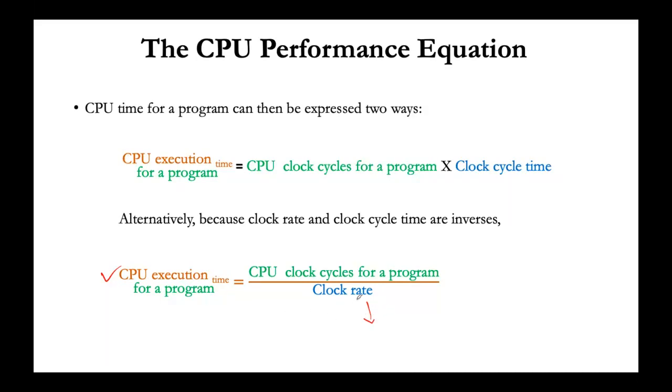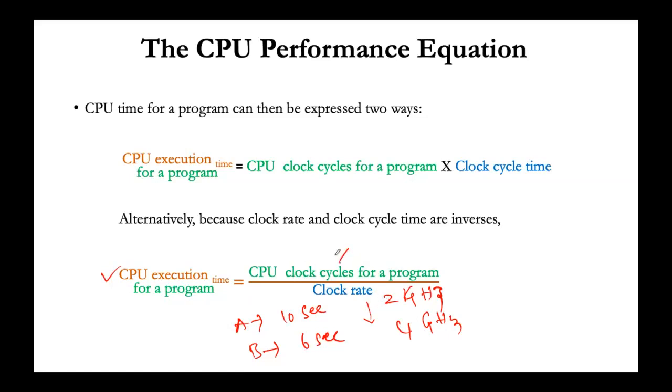In our example, we have seen when the clock rate is increased from 2 gigahertz to 4 gigahertz, for A it takes 10 seconds in our previous example. For B it takes 6 seconds.